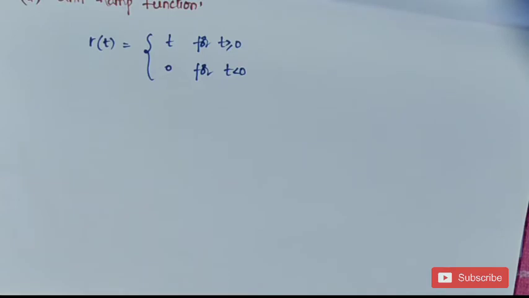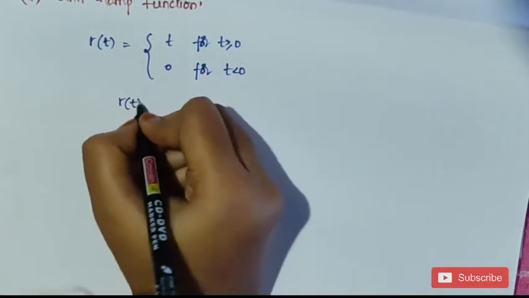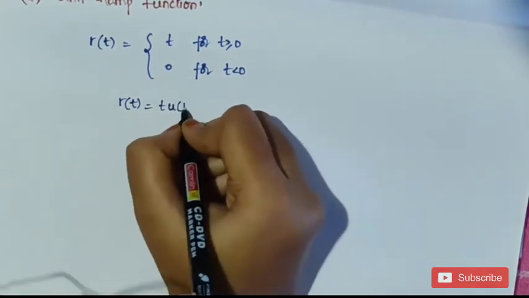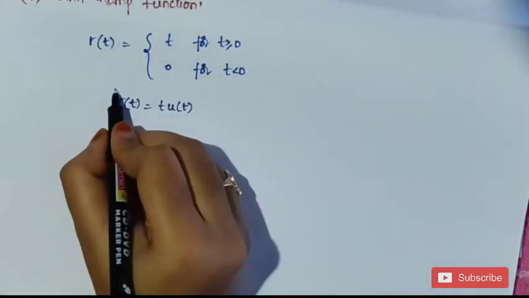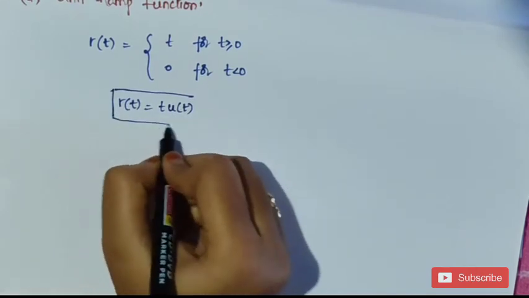Generally, we know that u of t is equal to 1 for t greater than or equal to 0. Therefore, we can write r of t is equal to t into u of t. This is the relation between r of t and u of t.